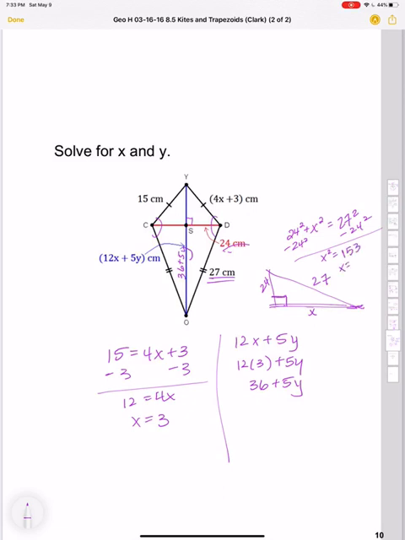So x equals the square root of 153, which is not a perfect square, so I'm just going to leave it like that. So that's what this is equal to, the square root of 153. And then that means that 36 plus 5y equals the square root of 153.